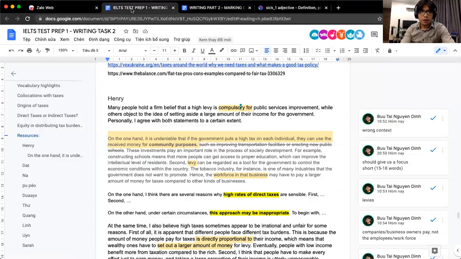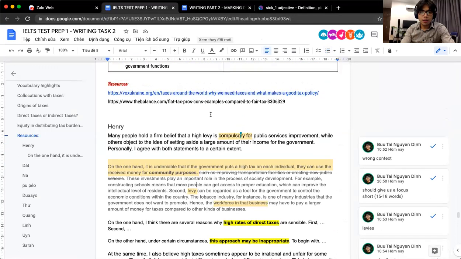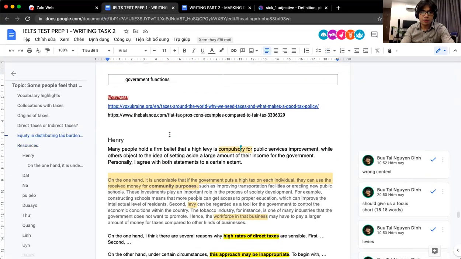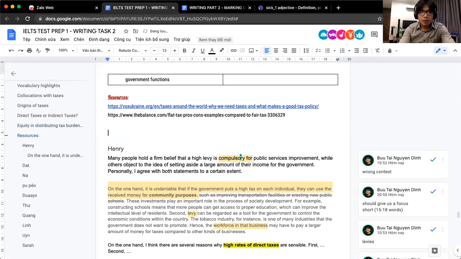A good example is that instead of saying income taxes. So we talk about flexibly. Flexibly means we can use the language to describe the same thing but using different words. So that means you have to be able to paraphrase. So income taxes, you can paraphrase it by direct taxes.